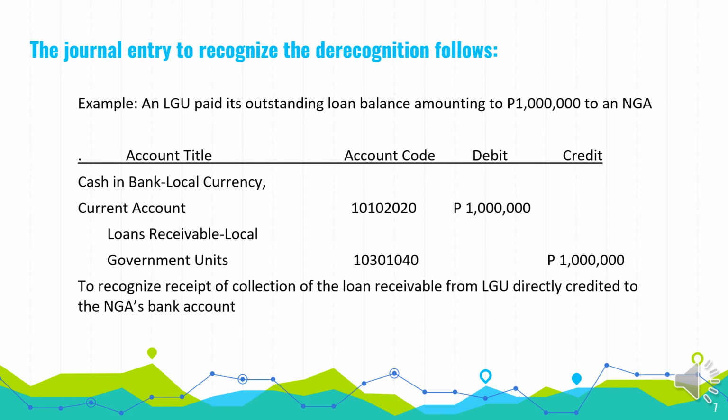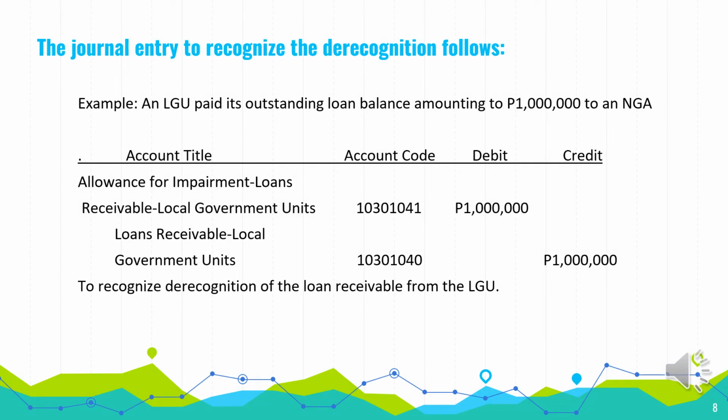So for example, an LGU paid its outstanding loan balance amounting to 1 million to an NGA. To recognize receipt of collection of the loan receivable from LGU directly credited to the NGA's bank account, we have debit cash in bank - local currency current account amounting to 1 million and credit loans receivable - local government units amounting to 1 million.